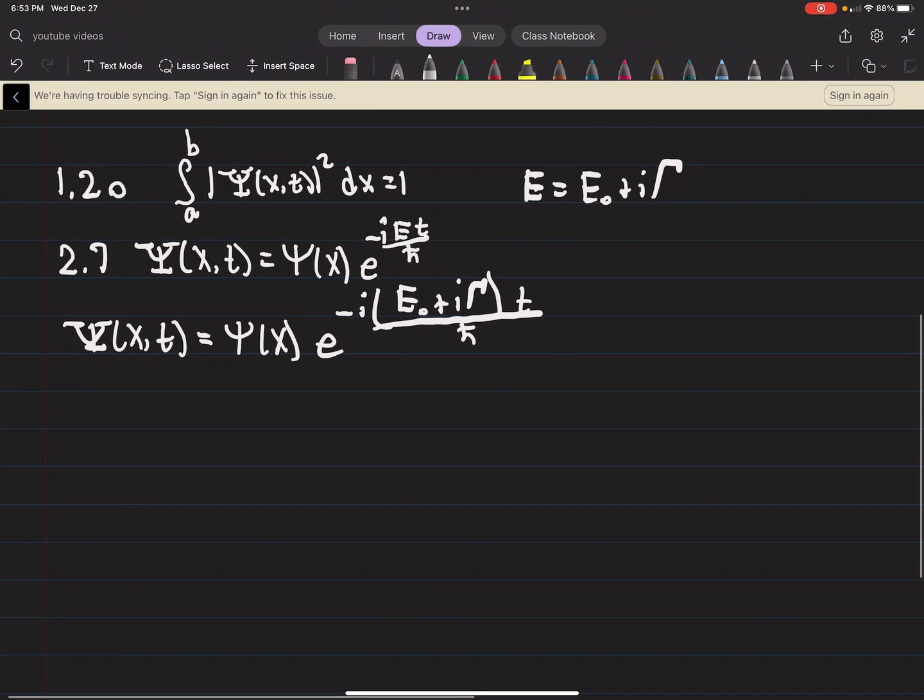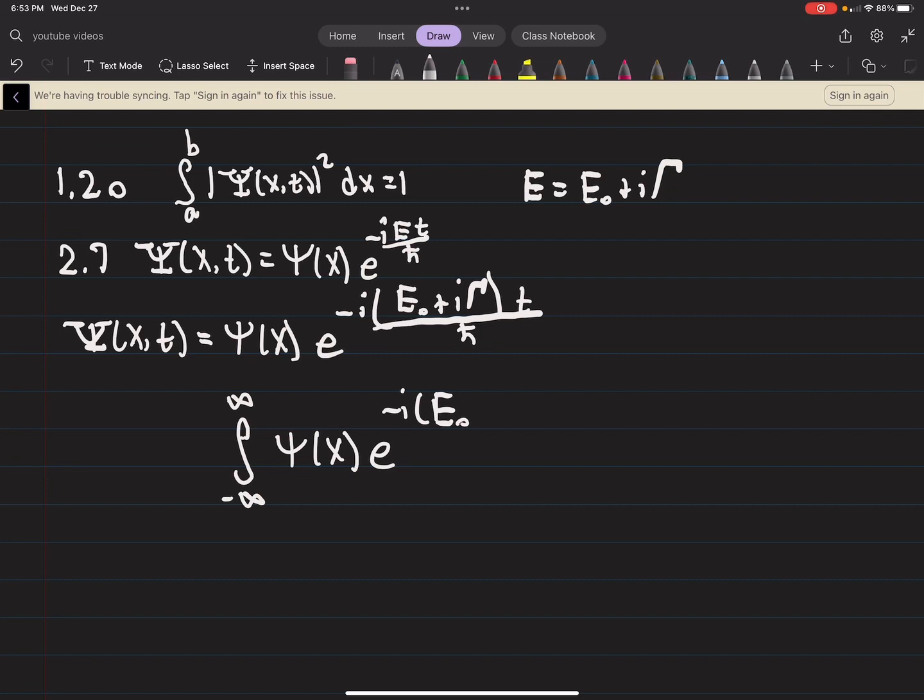Okay? So what we're going to do there is we're going to integrate from negative infinity to positive infinity, and it will be psi of x e to the minus i, so we're just going to write down our whole thing here, times, and I'm going to shorthand this, square this, and then multiply it by the complex conjugate.